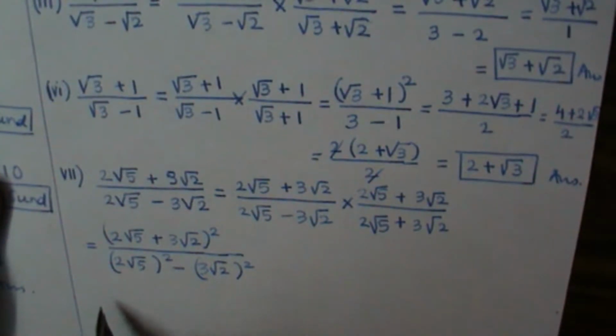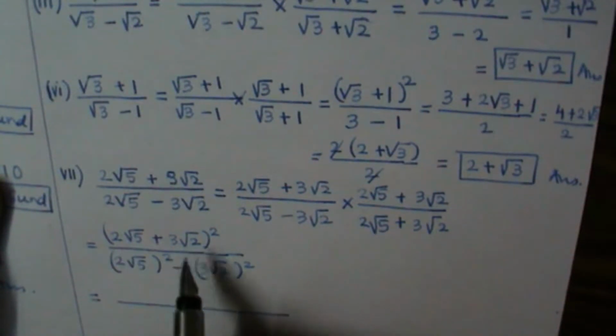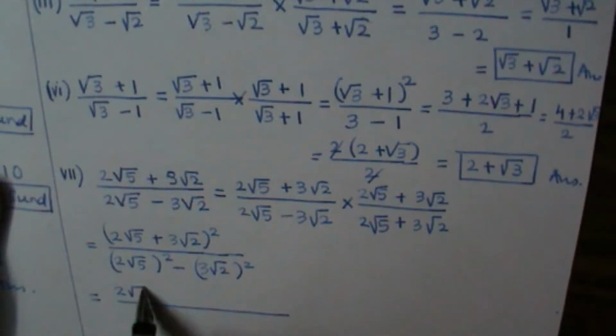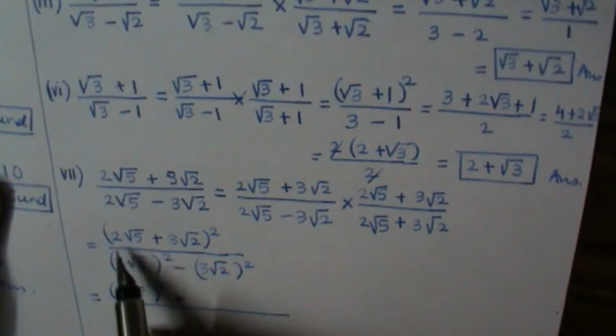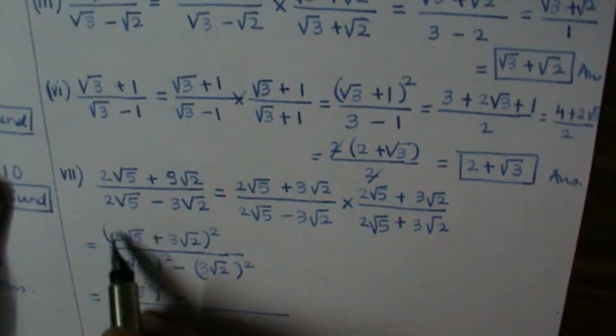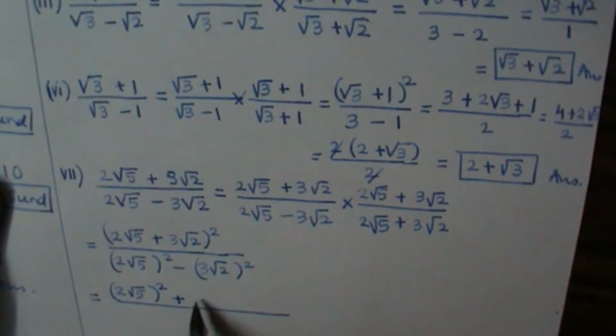And so we have come to the numerator here. It will be 2 root 5 whole square, go slow, plus 2 into ab, that is 2 into 2 root 5 into 3 root 2, and plus b square.